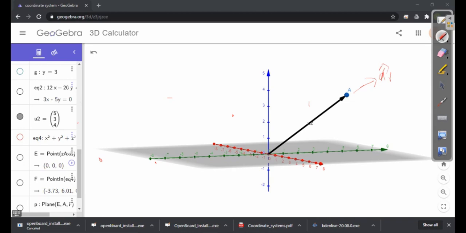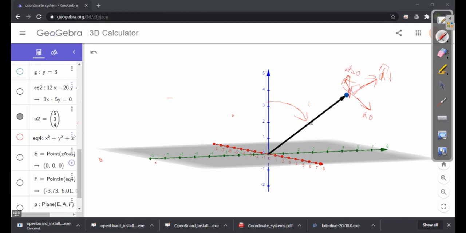And where is the direction of phi? Phi is tangential. So this is the direction of phi. They are perpendicular to each other. And this is the direction of theta, a theta cap. So these three: AR cap, a phi cap, and a theta cap.